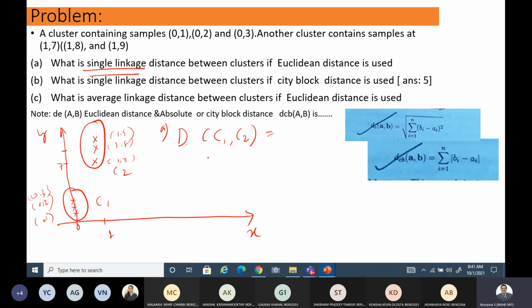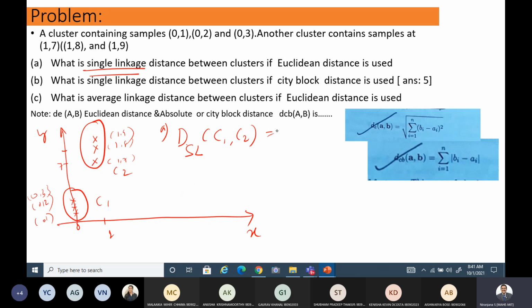They asked first for single linkage distance, SL. Single linkage is SL, we indicate. D_CL indicates complete linkage. D_AL indicates average linkage.